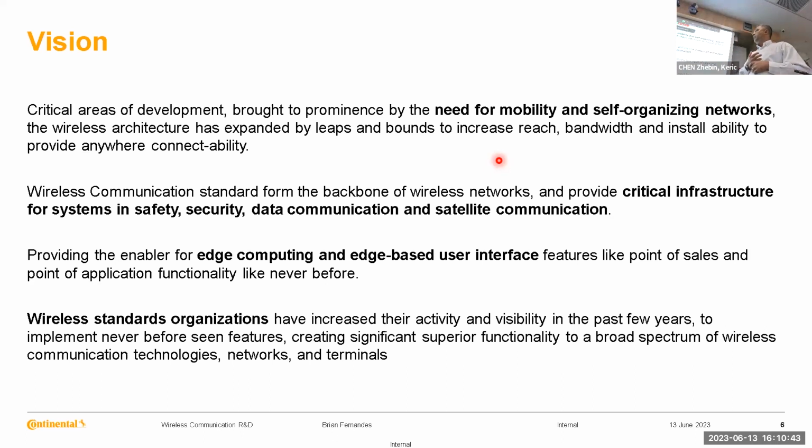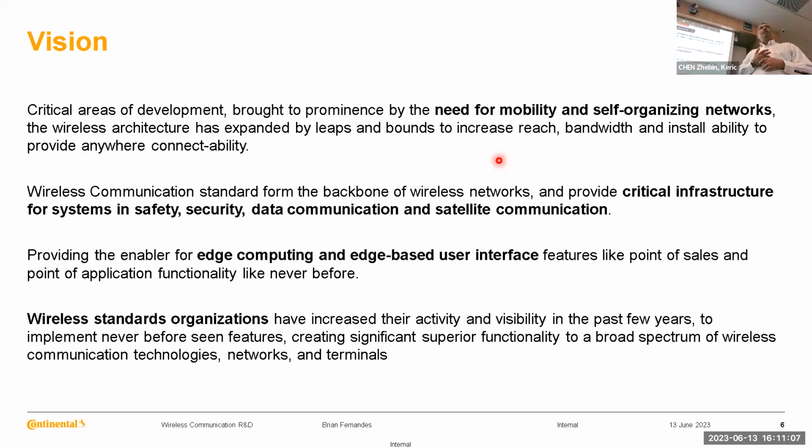Wireless communication also forms the backbone of some of the critical infrastructures for systems like safety, datacom, satellite com. And also, in the future, we start to see edge computing coming into the picture. So wireless communication would then be the information backend that enables edge computing and edge-based user interface.